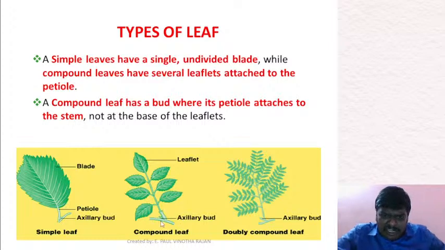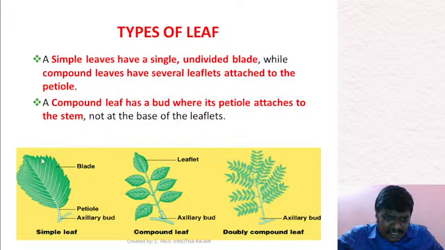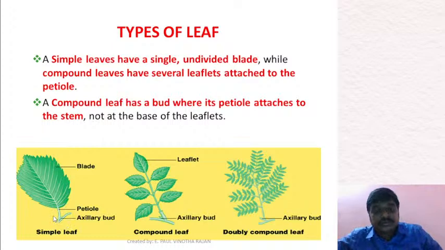And in the compound leaf, you can see that axillary buds are attached to the petiole. Whereas in the case of simple leaf, the axillary buds are attached to the base, to the petiole.